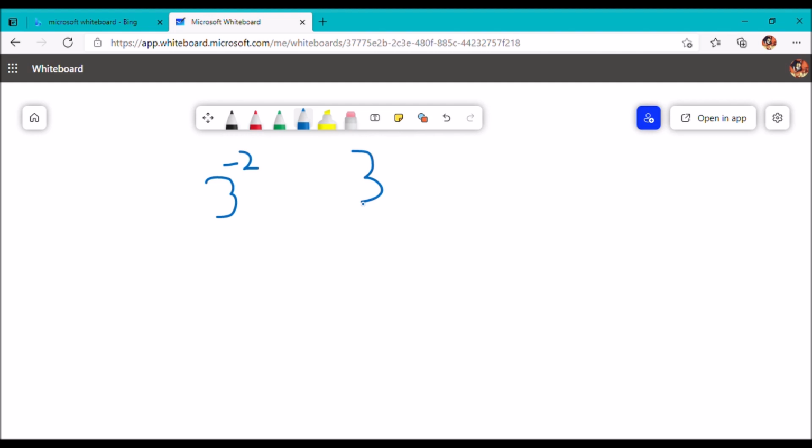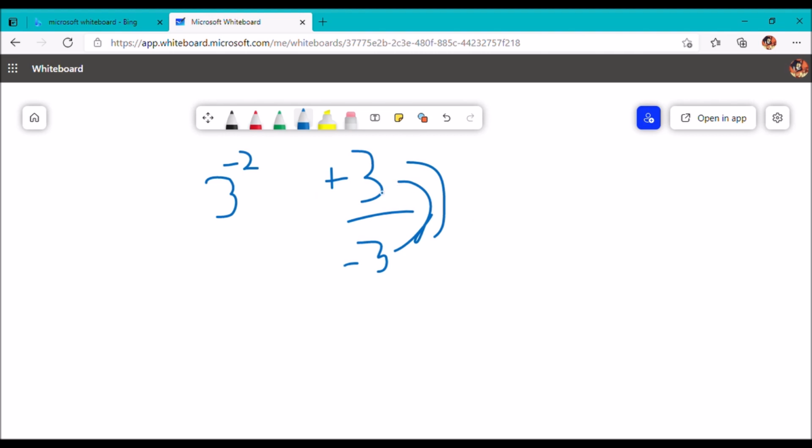You must have known that if a number goes from the numerator to the denominator in a fraction, its sign becomes negative. In the same way, if a negative number goes from denominator to numerator, it becomes positive.